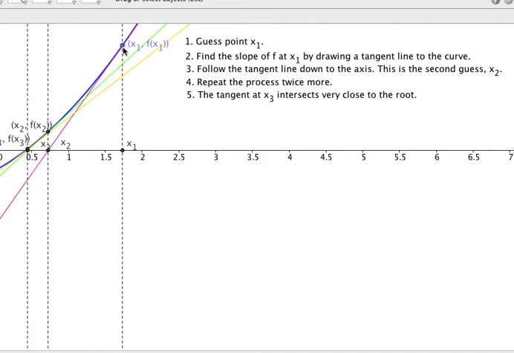And then we also need a slope, where the slope is going to be the derivative at that point. So we have a point, and then our slope is going to be the derivative of x1, so f prime of x1. So then if we have a slope and we have a point, we are good to go. We can find this tangent line.